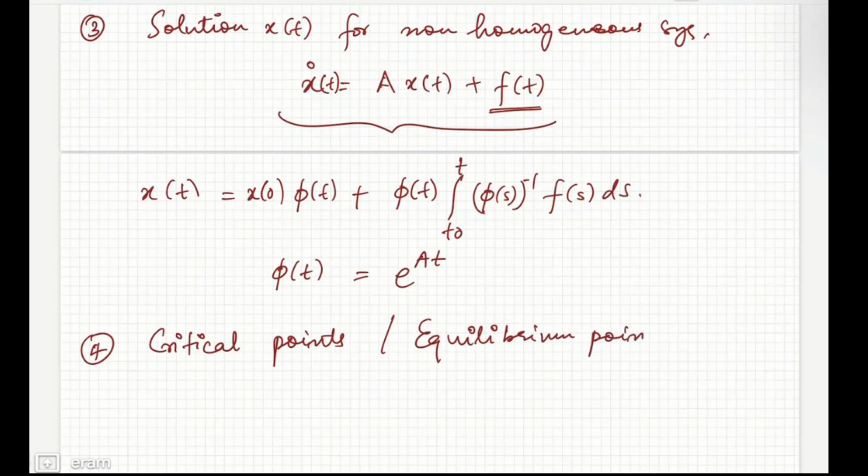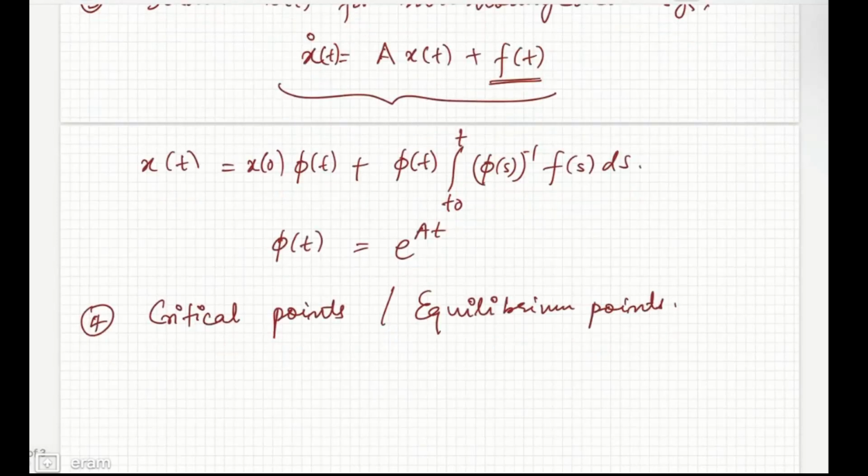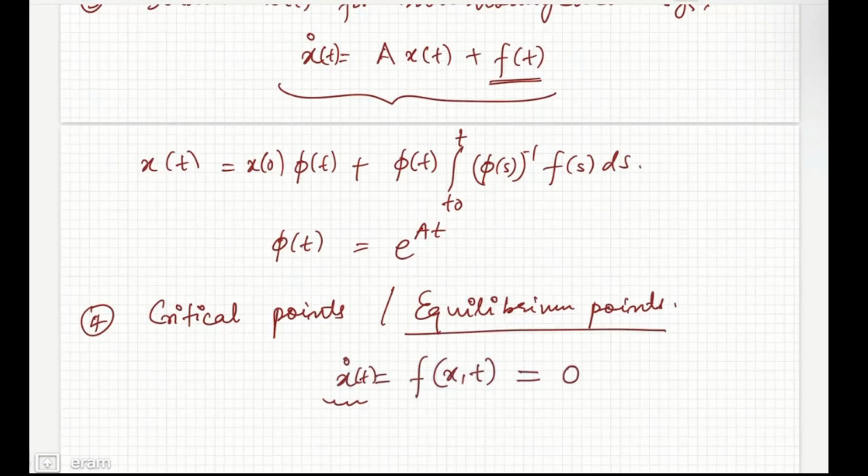And how to define such points? For any dynamical system, the equilibrium points can be found by equating the dynamics to 0. All those points where x dot is 0 are called the equilibrium points.